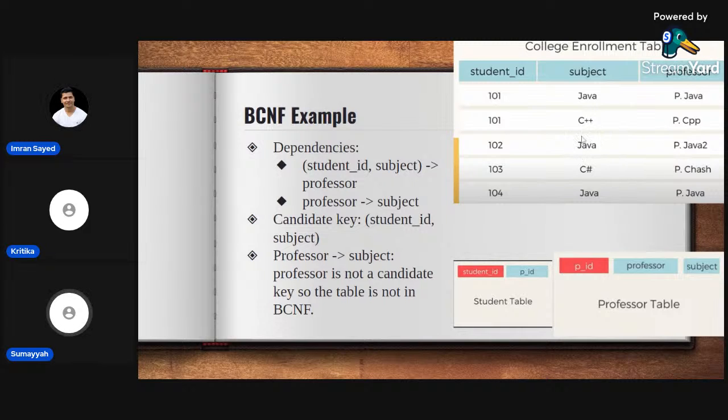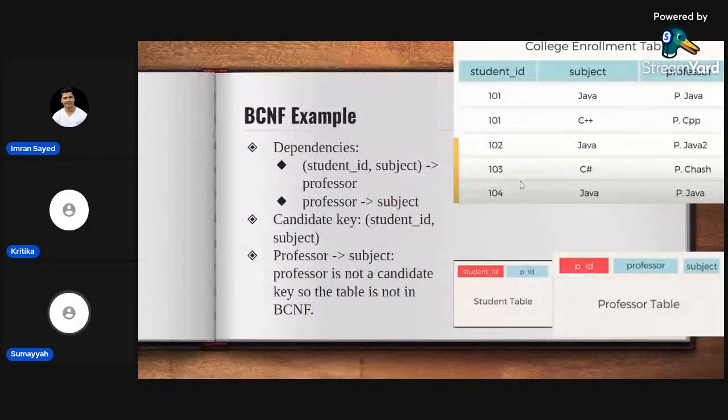A subject can be taught by more than one professor, but a professor teaches only one subject. So we have the dependencies: student ID plus subject determine professor, and professor determines subject. The candidate key is student ID plus subject.